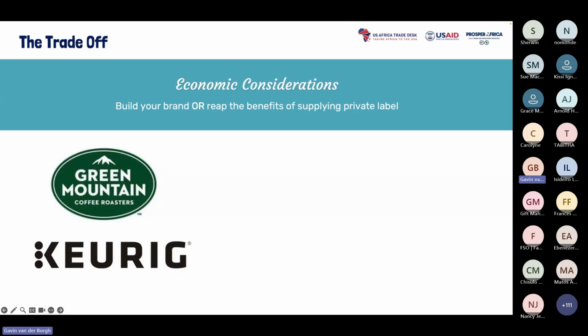Keurig eventually bought Green Mountain. So if you're keeping your own brand, hopefully your brand is going to attract the attention of somebody large down the line, where they'll either enter into a collaborative partnership with you, or maybe even help you create an exit strategy for yourself down the line.